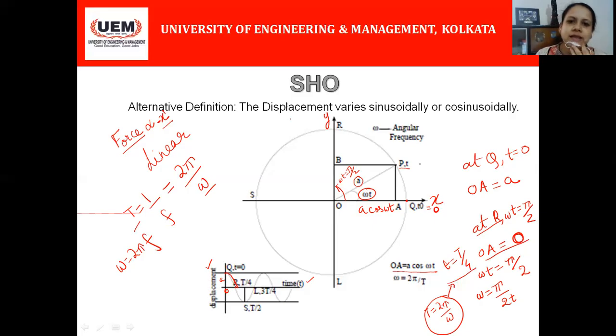Okay. Then the particle moves from position R to position S. And when the particle moves to position S, omega t increases to pi.